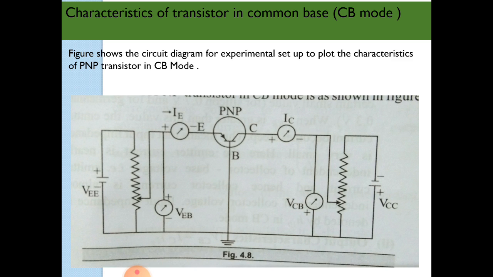Now, first is characteristics of transistor in common base mode.